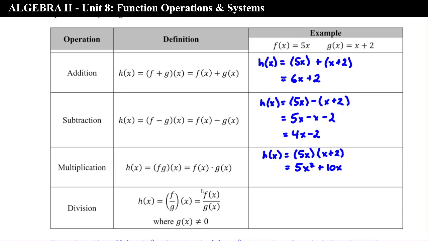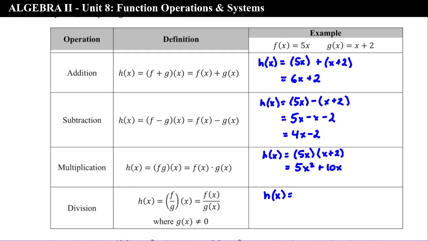And then finally, in division, we have f divided by g of x, which is the same as f of x over g of x. So remember, g of x cannot be equal to 0 because we can't divide by 0. That's the one condition that we have to add in for division, which is a pretty simple condition. You know that. You can't divide by 0.